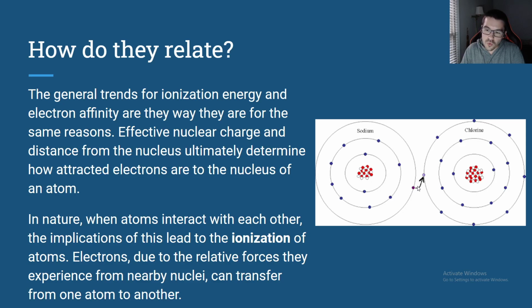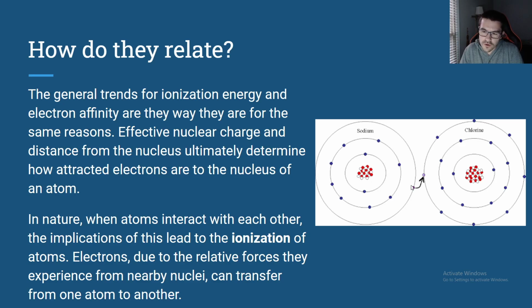Sodium has this one valence electron out here in its third energy level. Chlorine also has electrons in the third energy level. It has 7, so there actually is a spot where an electron could go. If you were to look at the orbital diagram for chlorine, its very last orbital, the 3p orbital, there would be an empty spot there for one more electron.